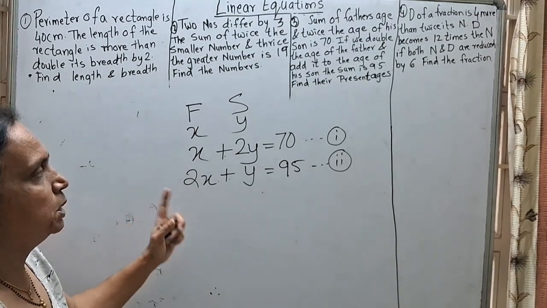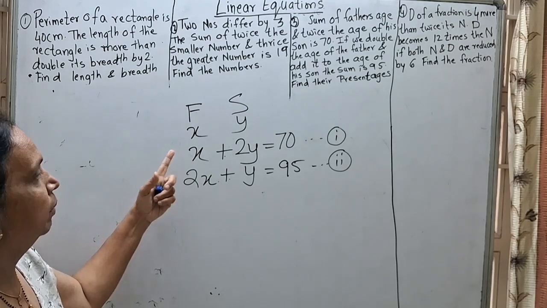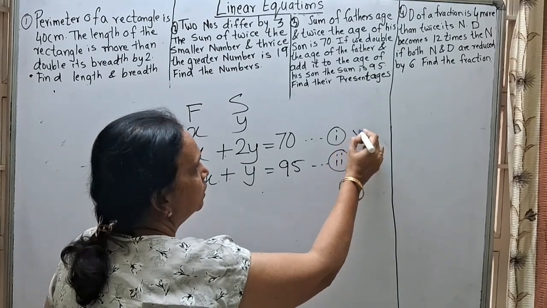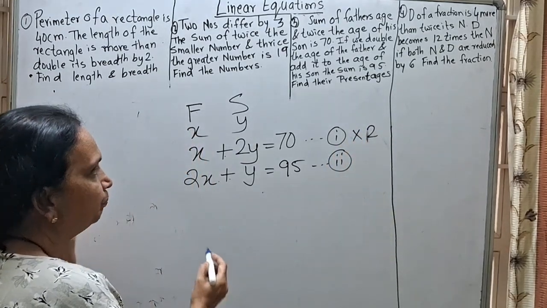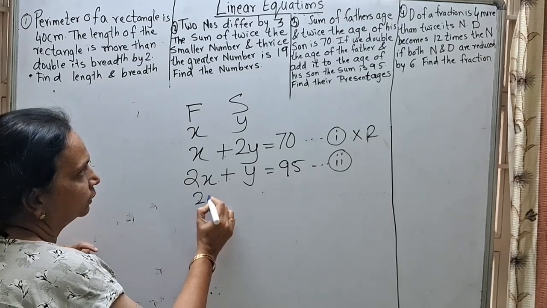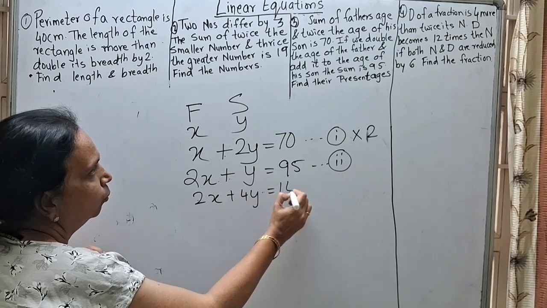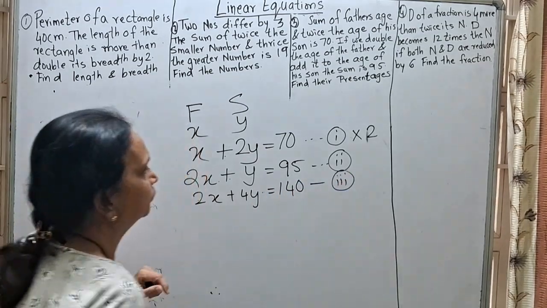You can do one-time addition, one-time subtraction also, or if you want you can multiply this equation by 2. Okay, we'll multiply this equation by 2. So what I'm getting? 2x plus 4y is equal to 140. This is my third equation.